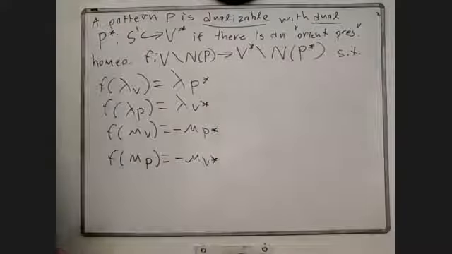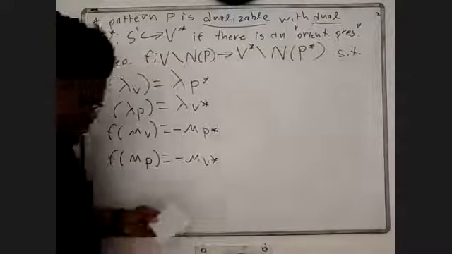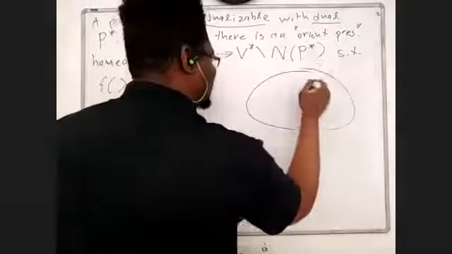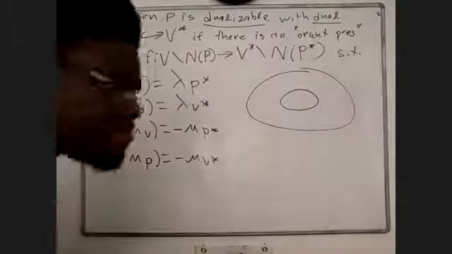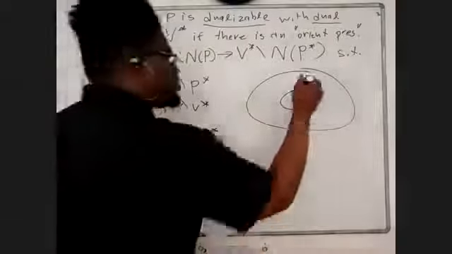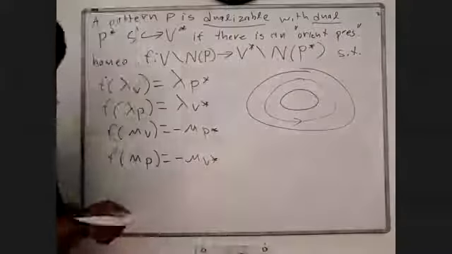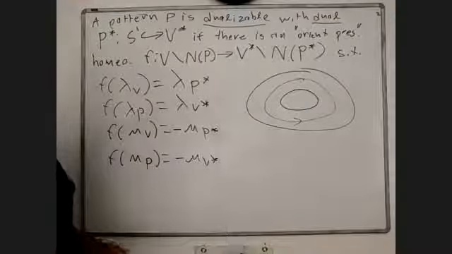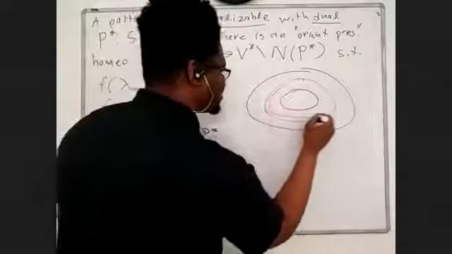All right, so what it does is it switches, let me draw a picture. So I'm gonna pick a nice, easy dualizable pattern, like the trivial pattern. It's nice and dualizable. And so once you have your pattern, you have this neighborhood, which I'll just draw around it like this.